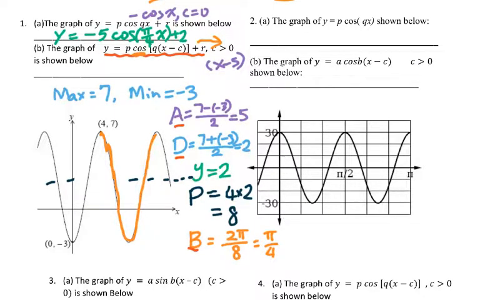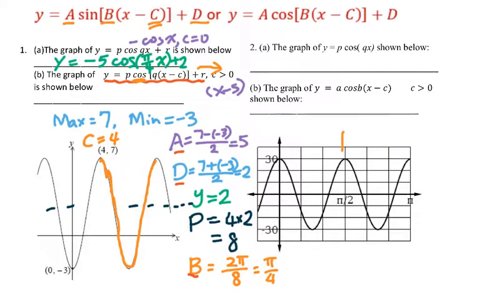For this pattern, starting point is 4, 7, which means C equals 4. X-coordinate of a starting point equals C. A, B, D won't change. Therefore, I can plug into this function. This time, the pattern is a positive cosine x.